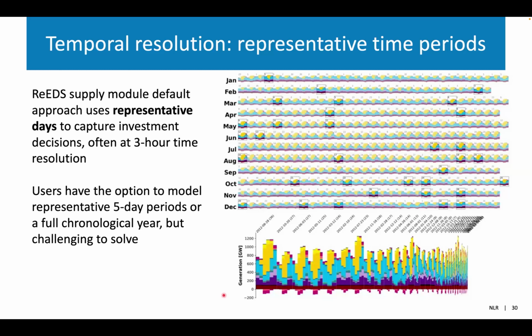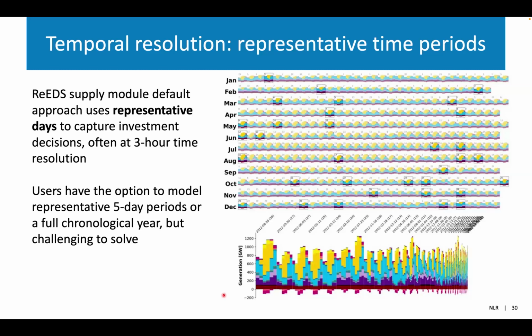Like I mentioned, 33 representative days at 3-hour time resolution is the default for ReEDS, but both of these options can be changed. You could use 5-day periods as opposed to single-day periods. This is a coarser representation of the year, but does provide necessary detail on inter-period operations like inter-day storage operations.